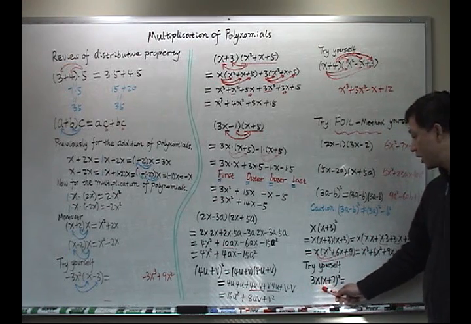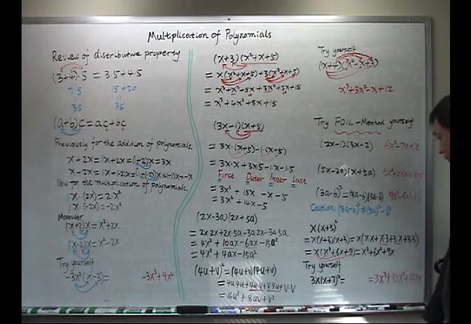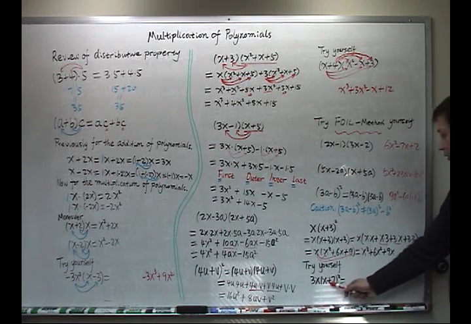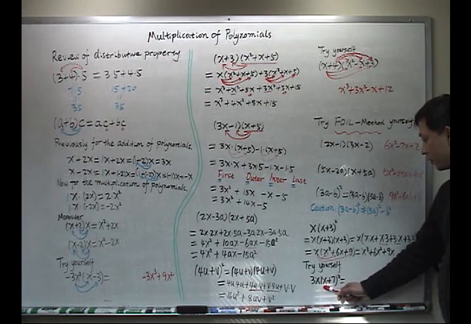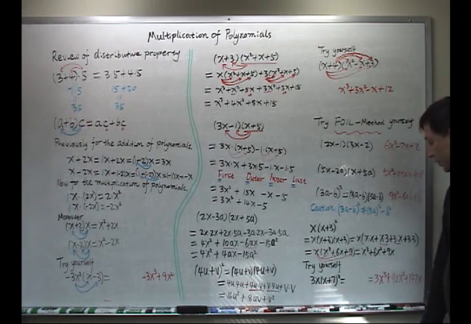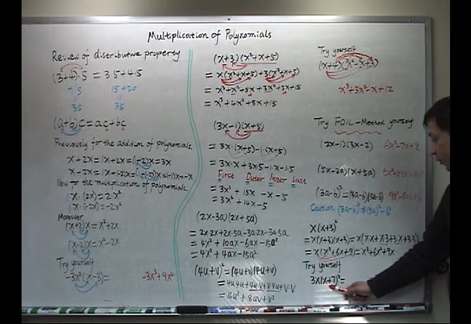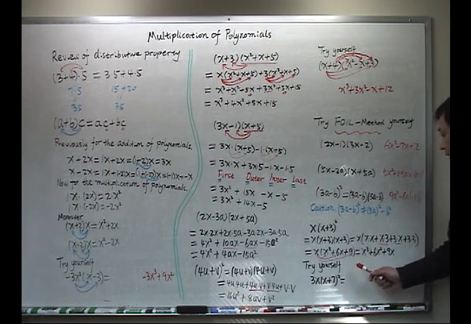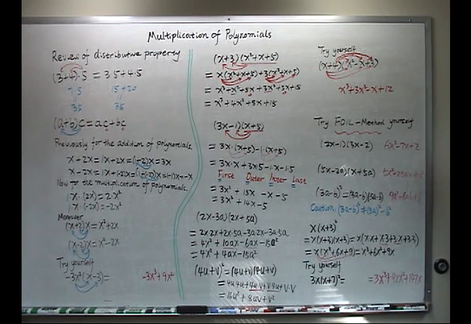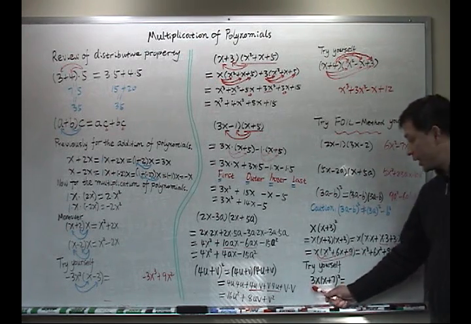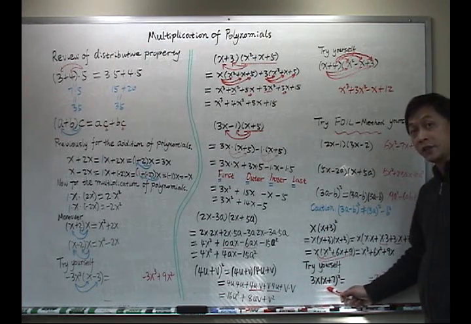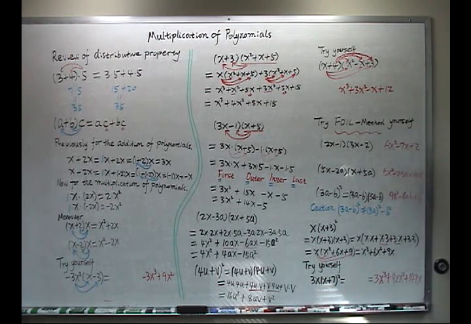That's 3x times x plus 7. Again, you need to do x plus 7 times x plus 7. Then you get the answer for x plus 7 times x plus 7. Then use 3x times the three quantities inside. Final answer is 3x cubed plus 42x squared plus 147x.